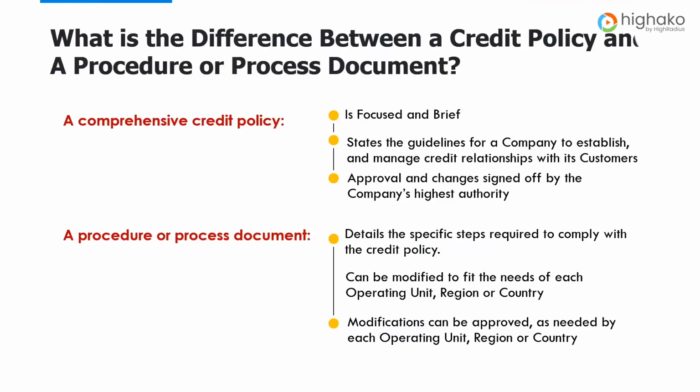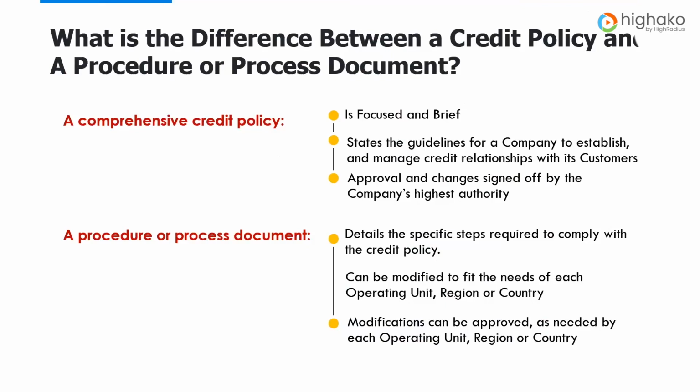A procedure or process document details how to implement your policy, specific steps required to comply with your credit policy. It can be modified from time to time as changes happen in your organization or realignments, but unlike a policy, it is much more fluid.